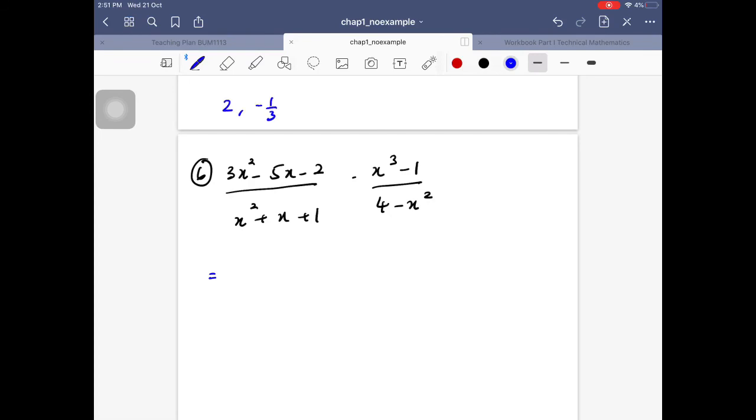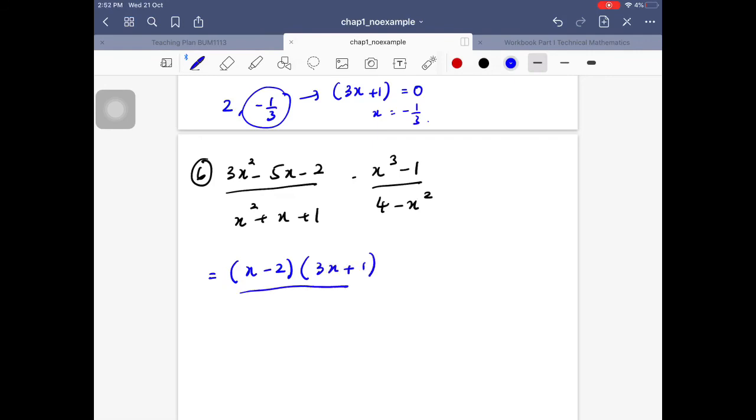So we know that if it's 2, then the factor is x minus 2. If it's negative 1 over 3, then 3x plus 1 equals 0, which is how you get x equals negative 1 over 3. So therefore, this is going to be 3x plus 1.